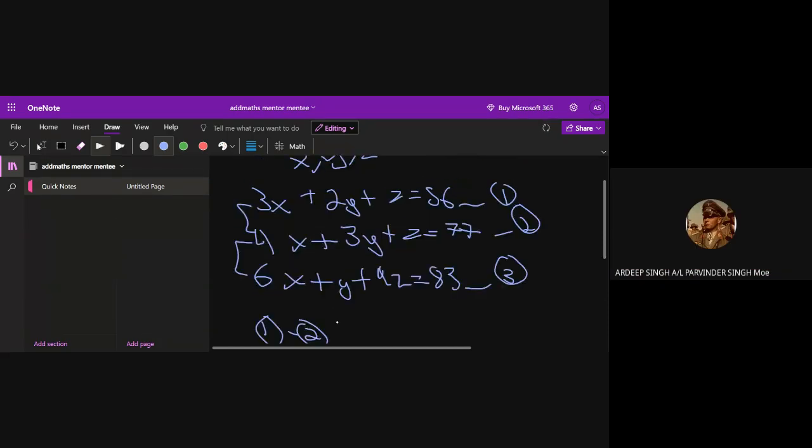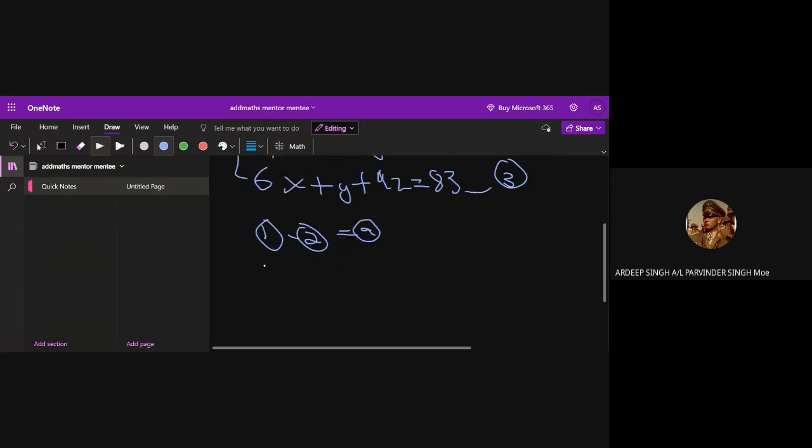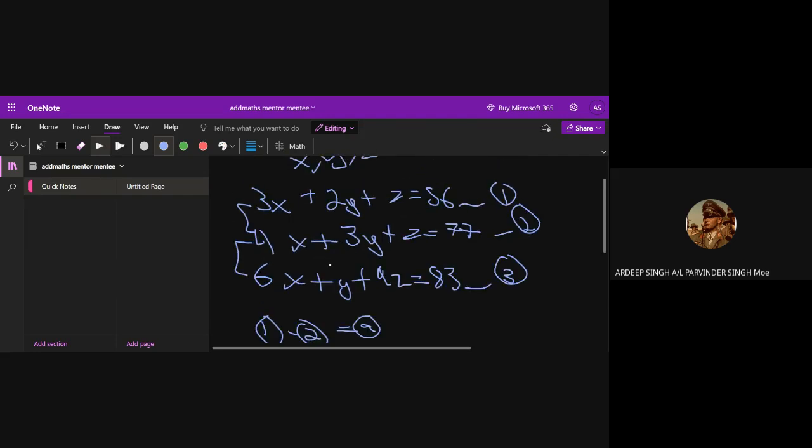You get equation A. Here, 3x minus 4x, what do you get? Minus x, because positive 3x and negative 4x gives negative x.